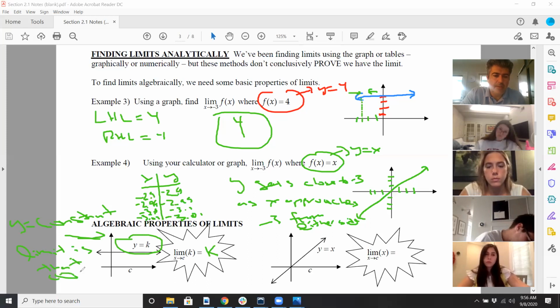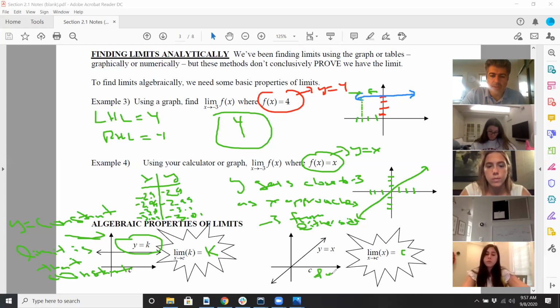We can assume that now. Here, if x is approaching c, then the limit of x just equals whatever x approaches, in this case, c.